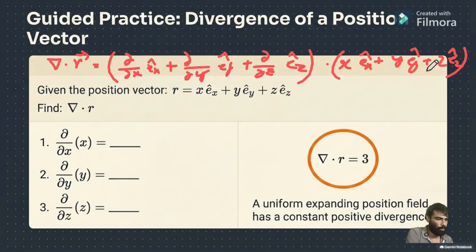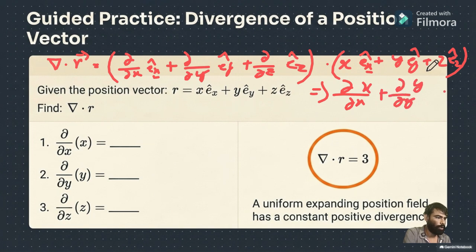Now what will happen in the dot product? Only the same unit vector along the same direction will exist, and the rest are eliminated. So the final result will be del of x by del x, plus del of y by del y, plus del of z by del z.